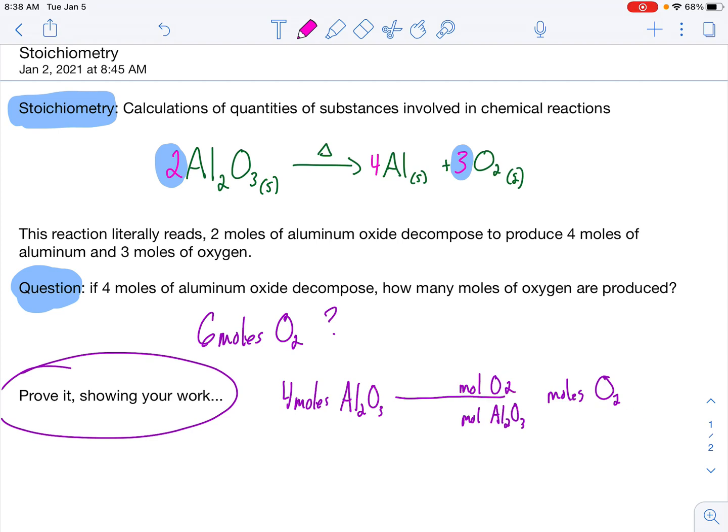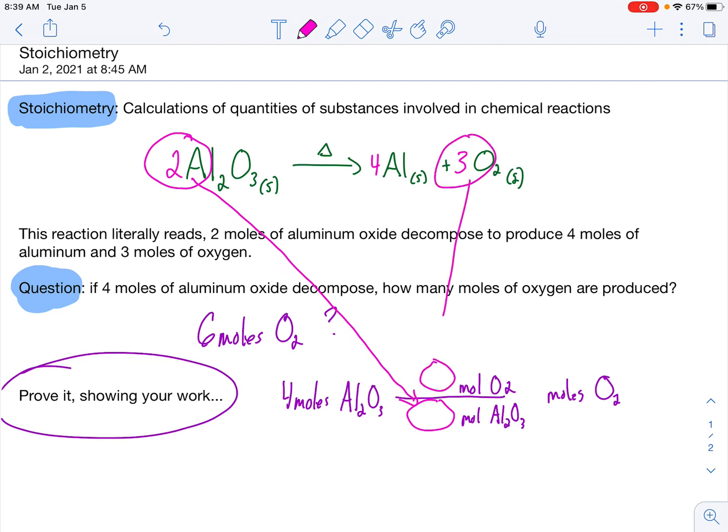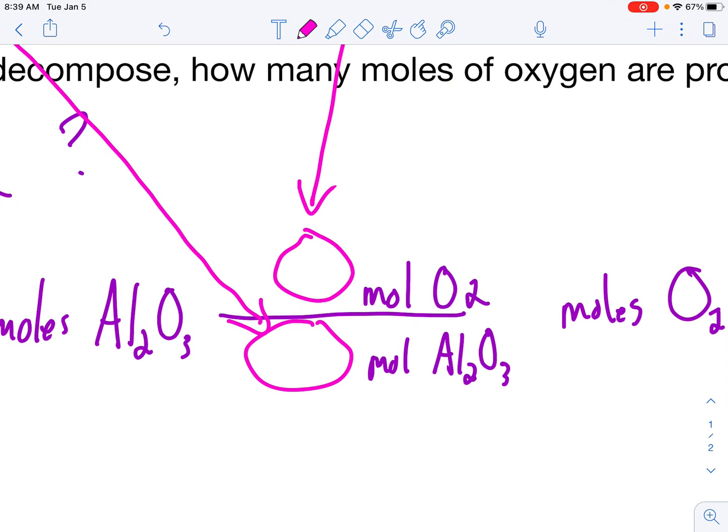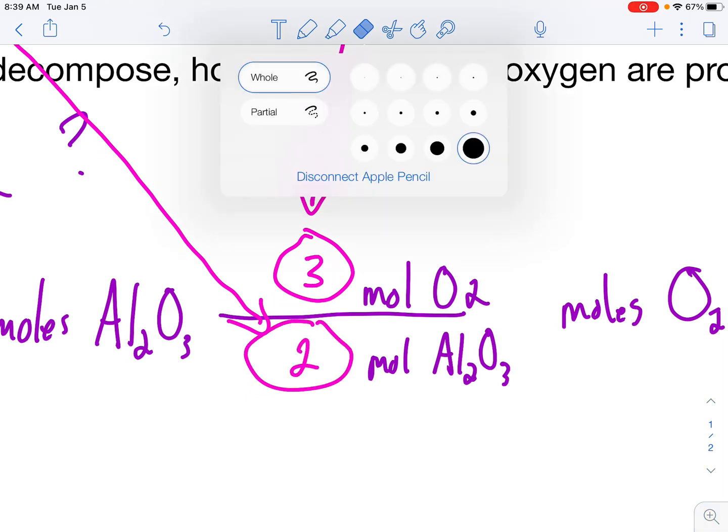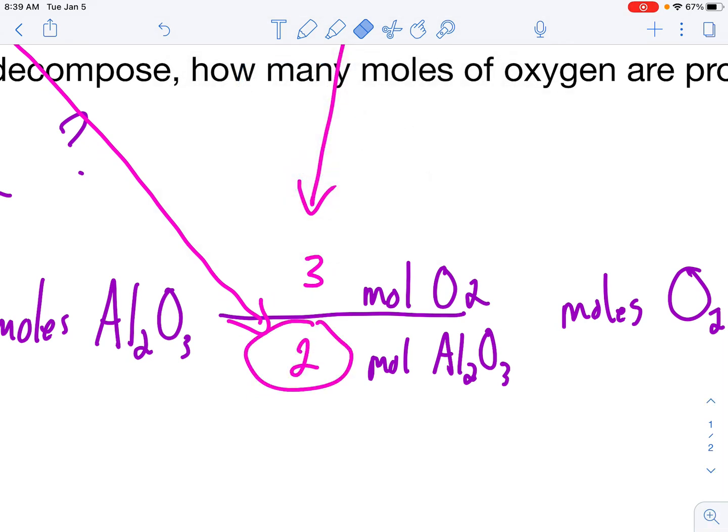The conversion between moles of aluminum oxide and moles of oxygen comes from your balanced chemical reaction. So this amount right here is literally coming from the chemical equation that we've just created. The amount up top here is coming from this part of the chemical equation. So I'm going to put a 3 here and a 2 here because that's the ratio of those two components of their reaction. It's a 3-to-2 ratio.